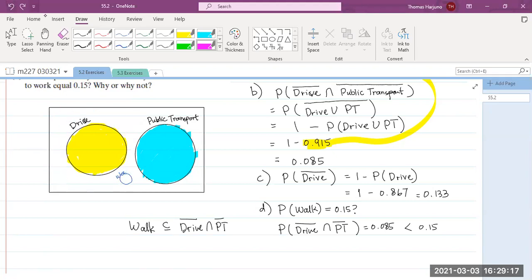When somebody says we have 15% of our population actually walking to work, you can use this number to say somebody's lying here. Maybe this 15% is true, but it means one of the earlier pieces of information, driving to work or using public transportation, is incorrect. So that's the reasoning behind it.